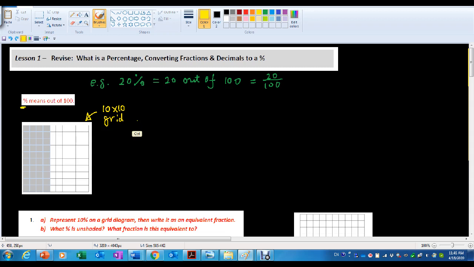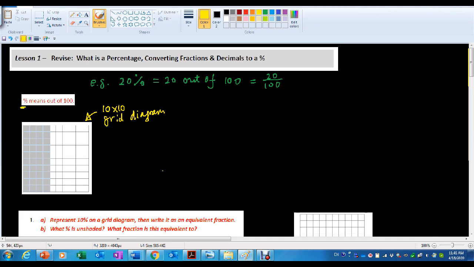That means 10 boxes on the horizontal axis and 10 on the vertical axis, so in total that would be 100 boxes.